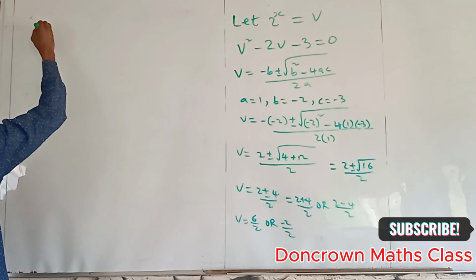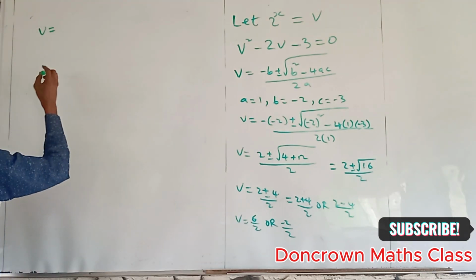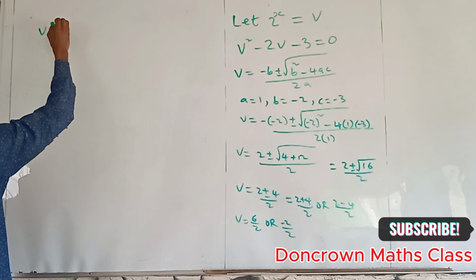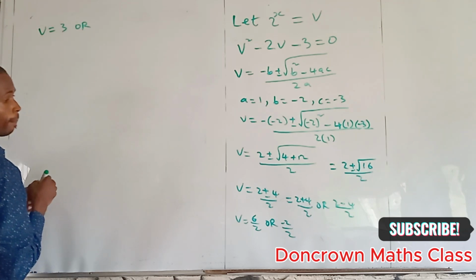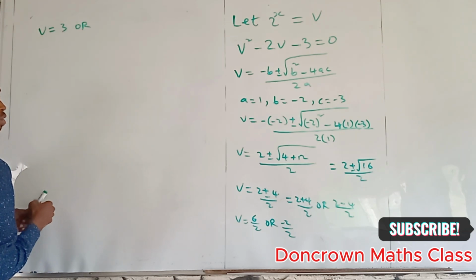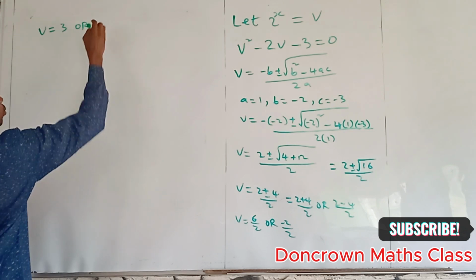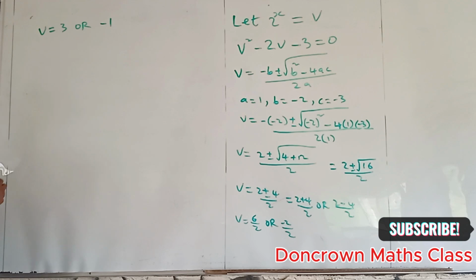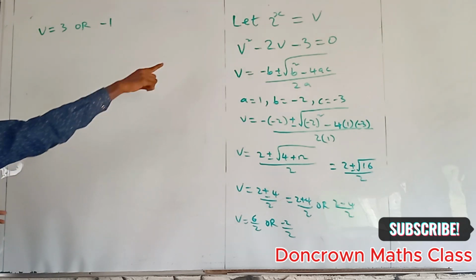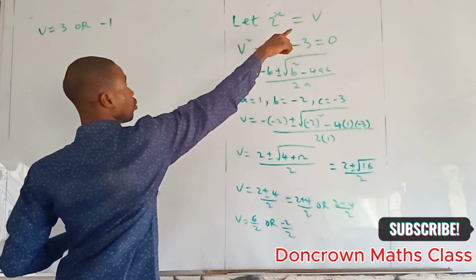So therefore v is equals to 6 divided by 2, which is 3, or minus 2 divided by 2 will give us minus 1. You get that now? So therefore, initially we said let 2 raised to power x be equals to v.